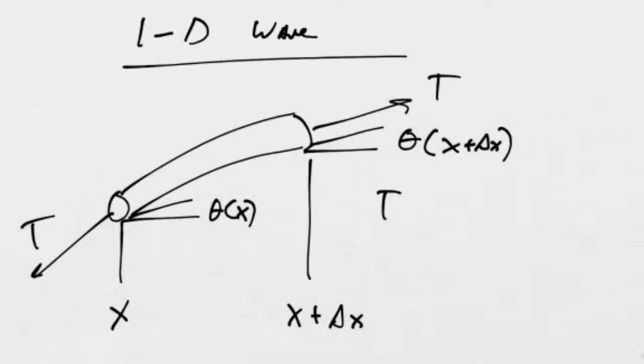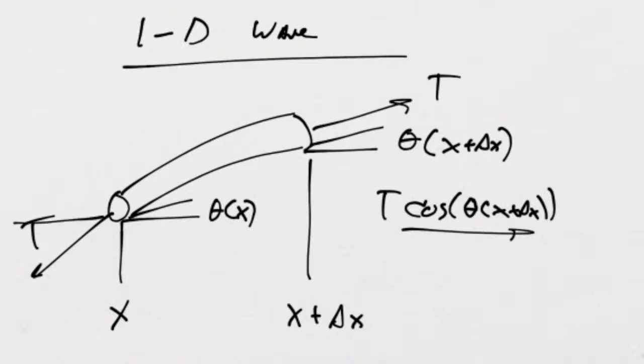So we will say T times what? Cosine of theta of x plus delta x is the horizontal force over here. And over this side it's minus T times, we got that angle there, and those two angles are going to equal. So minus T cosine of theta of x. And then those two will be equal.